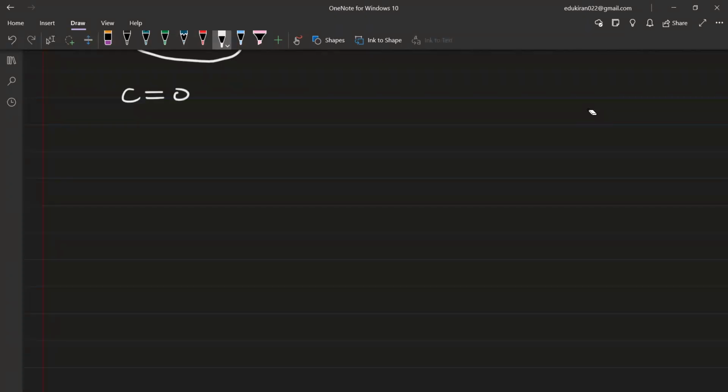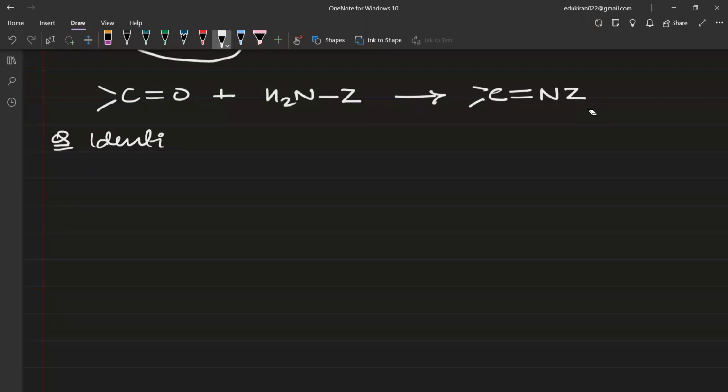You have carbon double bond O plus you have H2N, and there will be Z attached to it. That means anything other than NH2 is going to be the Z, okay? It is going to give you carbon double bond NZ. You have to identify the Z.